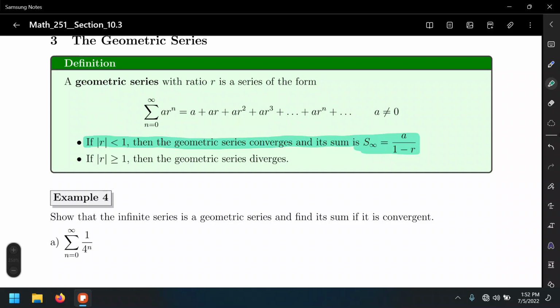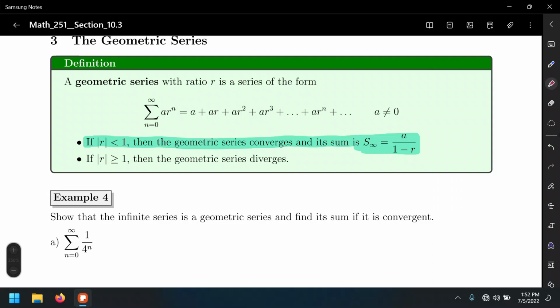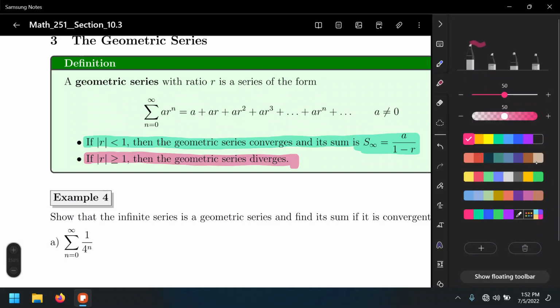But otherwise, if that value of r is greater than or even equal to 1, well, then the geometric series is said to diverge and we're done. We don't have to do anything else. Now, need to be careful here.